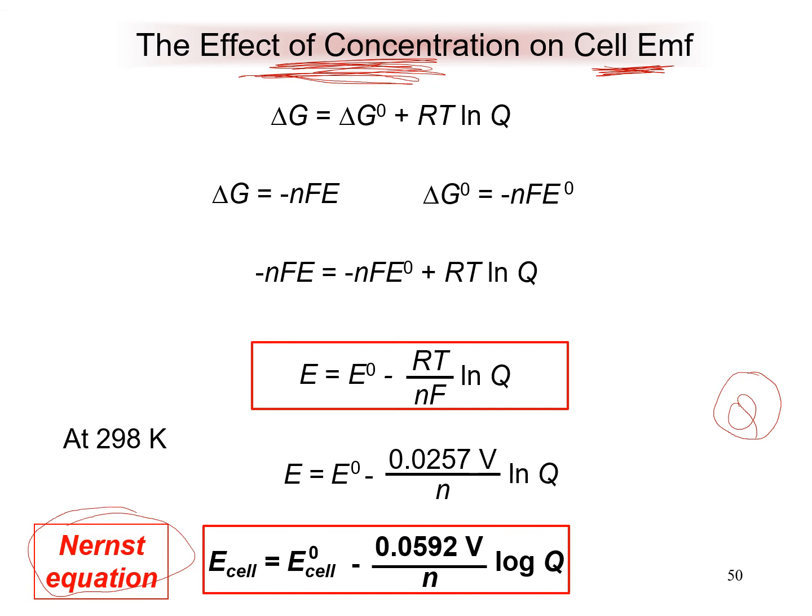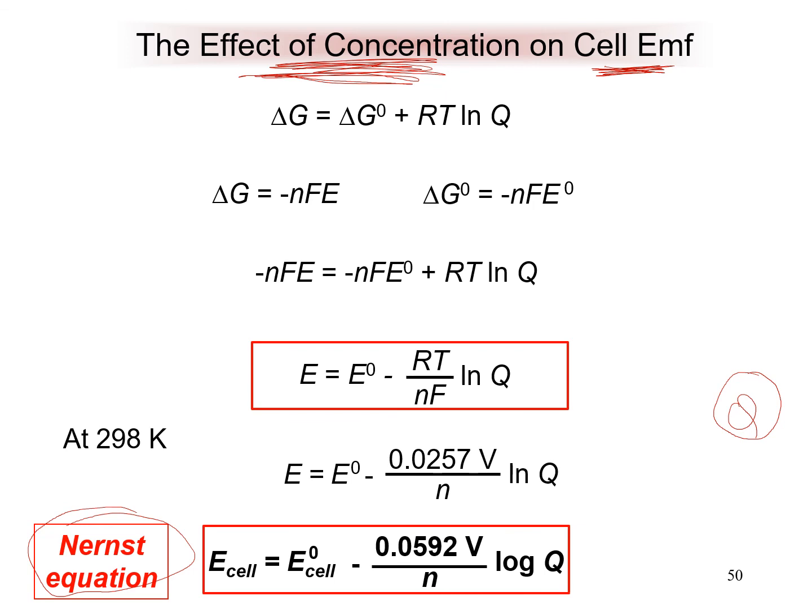So what you're left with is E equals E naught minus RT/nF ln Q. And we did the same exact thing at standard conditions. R is 8.314, T is 298 Kelvin, F is 96.5 kilojoules per mole per volt, and that would give you this expression right here, which is the Nernst equation.